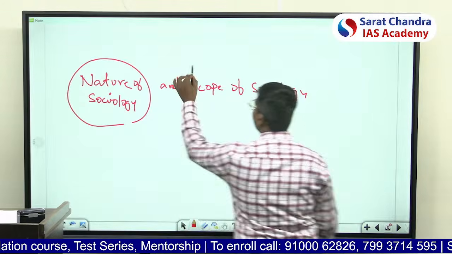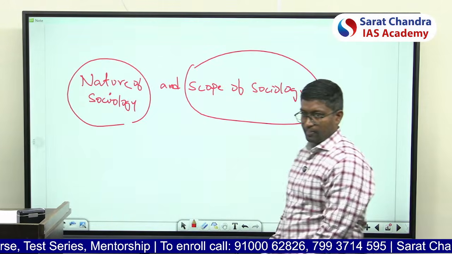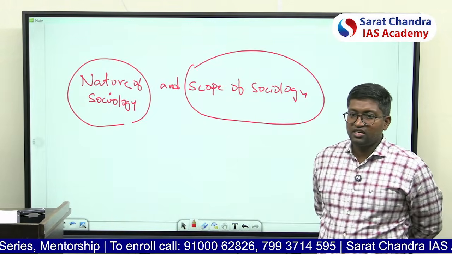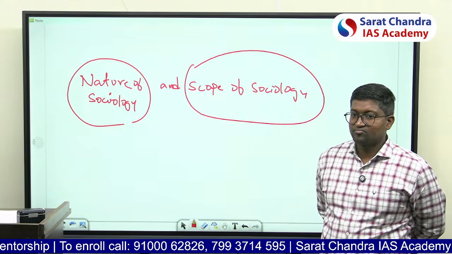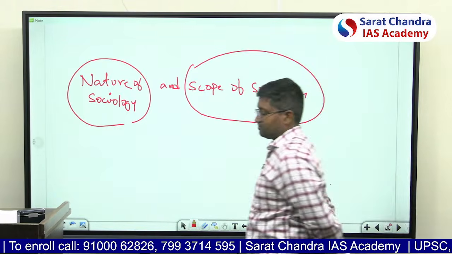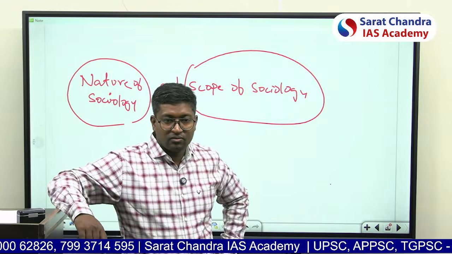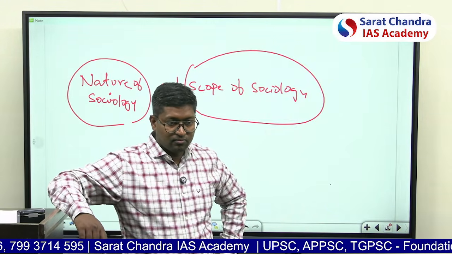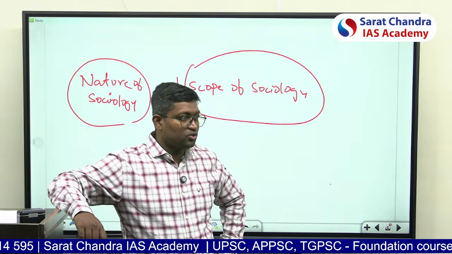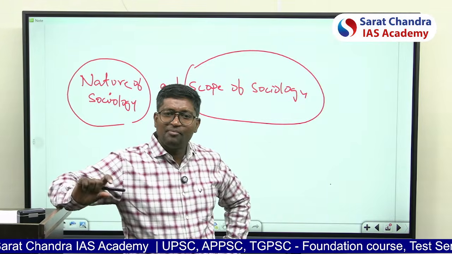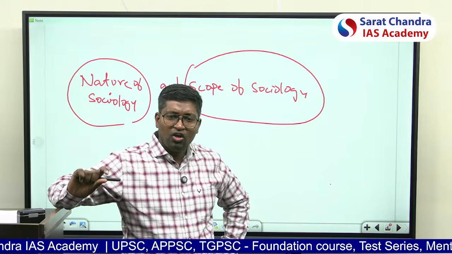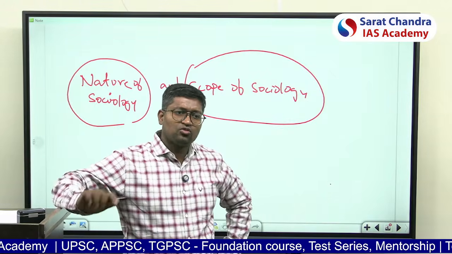These two are very different. Generalized understanding of society is nature. Then what is scope of sociology? Social change. Study of social change. I want a very simple difference between what is nature and what is scope of sociology.